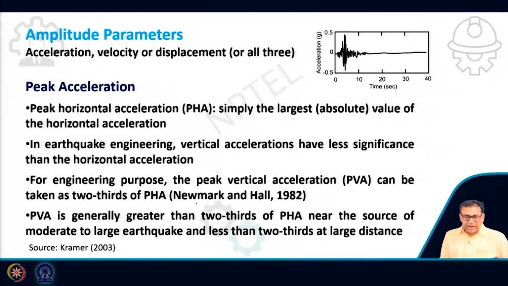Now, as I mentioned, what are the parameters we have? We have amplitude, frequency, and the duration of time. Okay. So these are the three major parameters of ground motion. Now, first I will start with the amplitude parameters. So these amplitude parameters are acceleration, velocity, and displacement, or sometimes all.